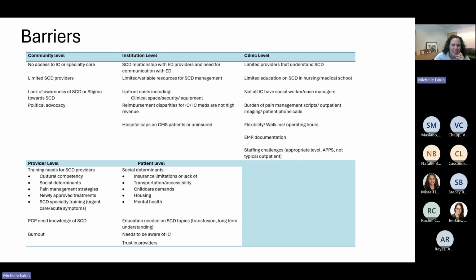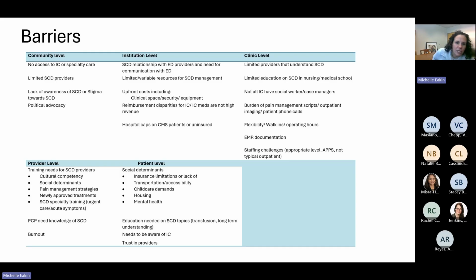And so we needed advocates, and those community-based organizations are really our biggest advocates in asking for support for these services. And so we've identified lots of barriers at the community, institution, and clinic level, as well as within the provider and patients. And that led to difficulty implementing the infusion center.